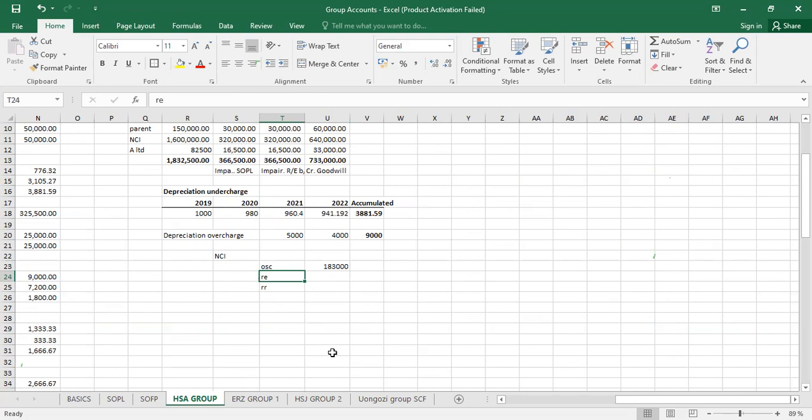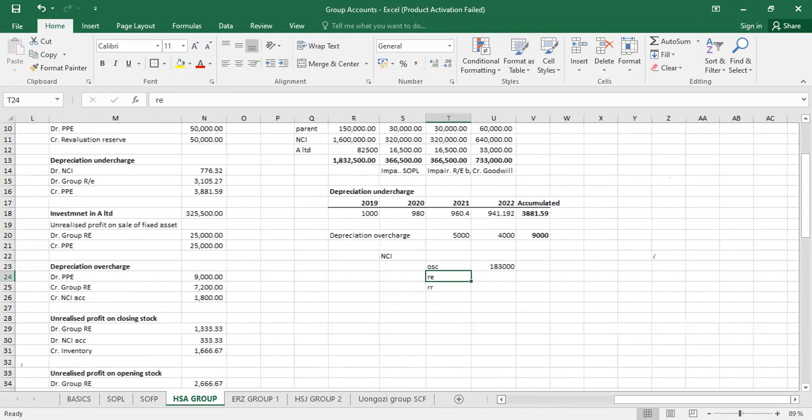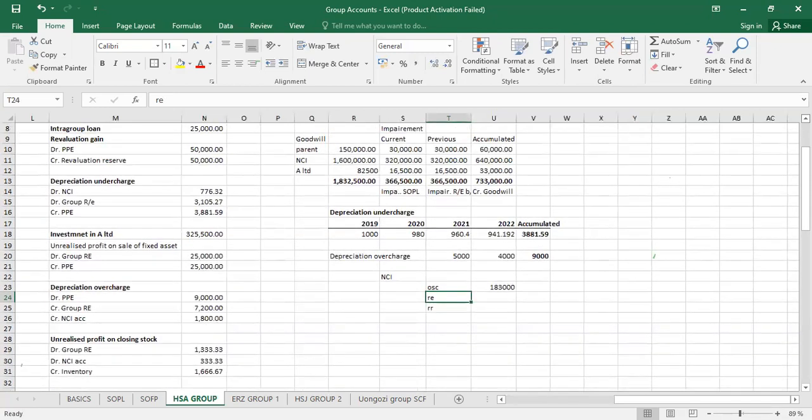Then I will go back to our adjustments here to see what comes to NCI. So depreciation undercharge, we debit NCI, so debit is on this side. This one is depreciation undercharge, then this one doesn't count here.